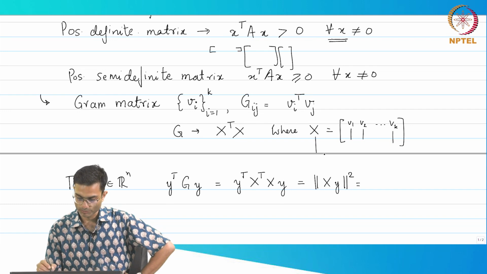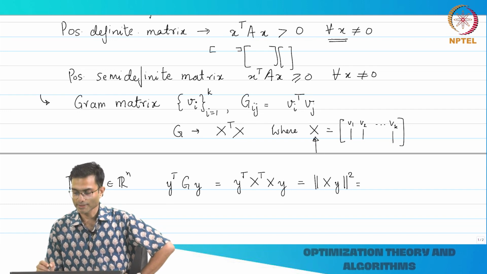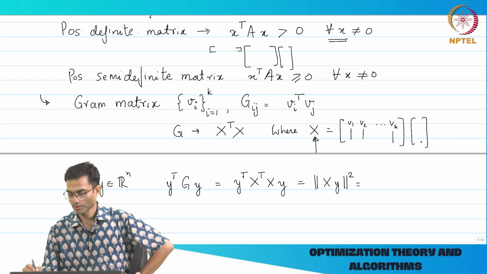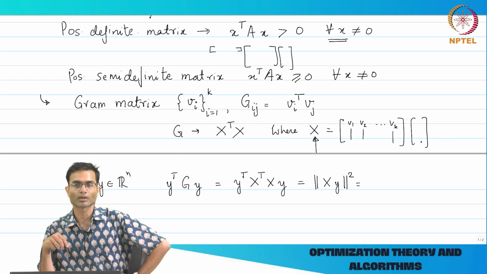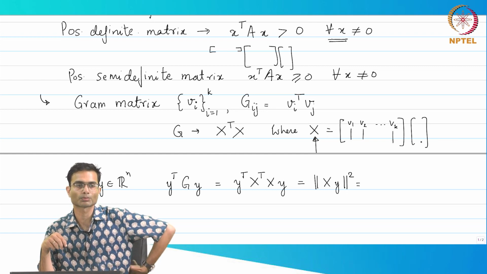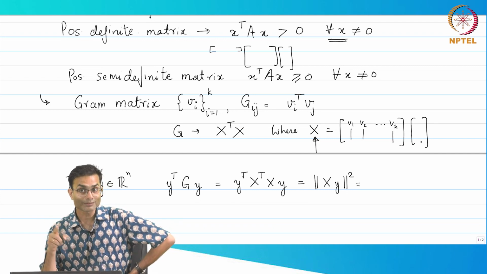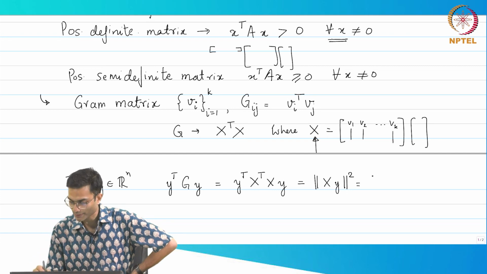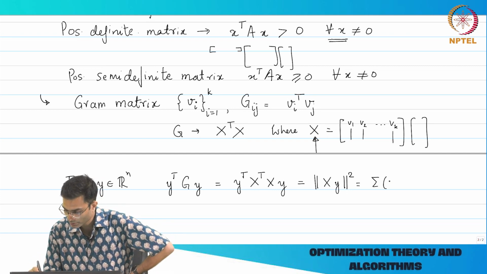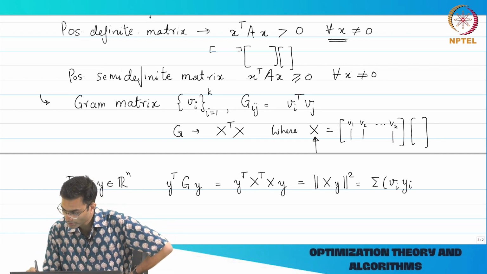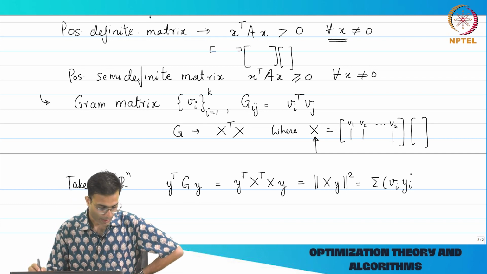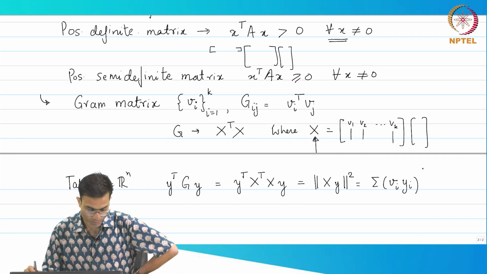Visualize X in this form over here, and this is getting multiplied by a vector y. What would this summation open up to? I mean, what would this norm squared open up to? y1 v1, right? Exactly. I'm going to get something like this. I'm going to get vi multiplied by yi, and this is going to be squared.